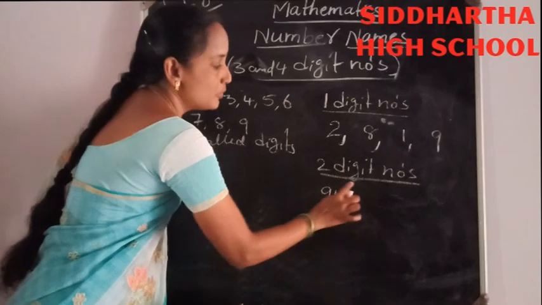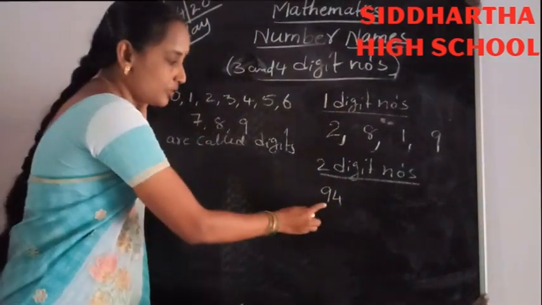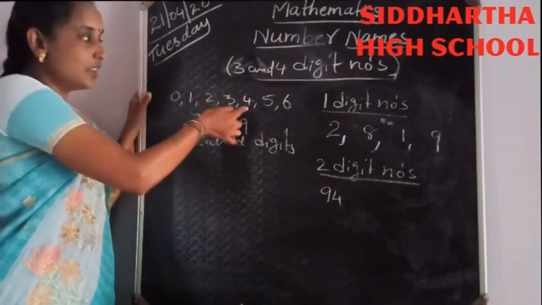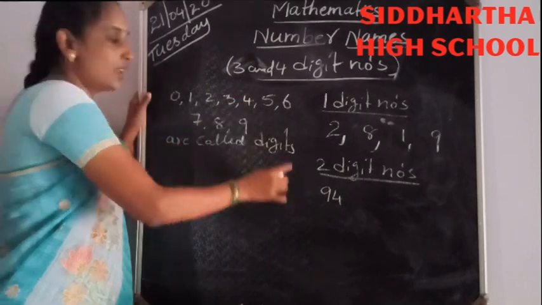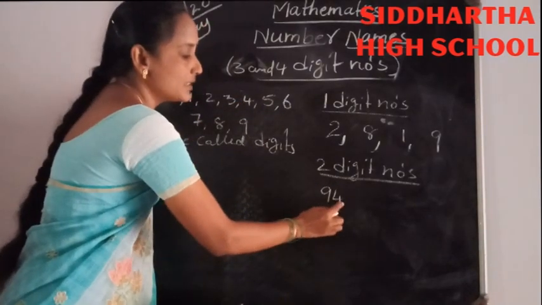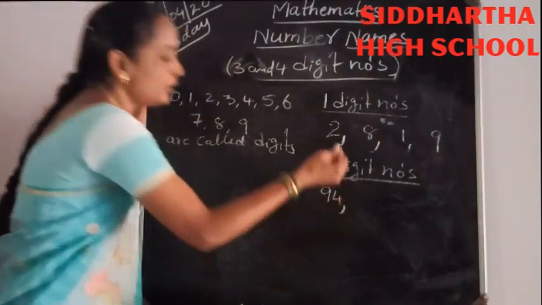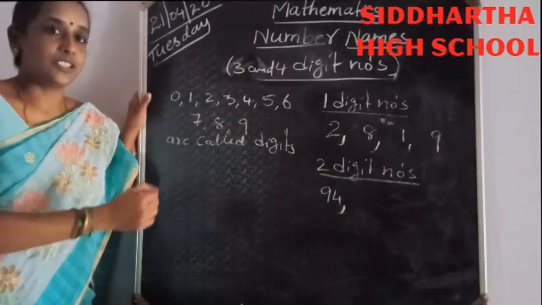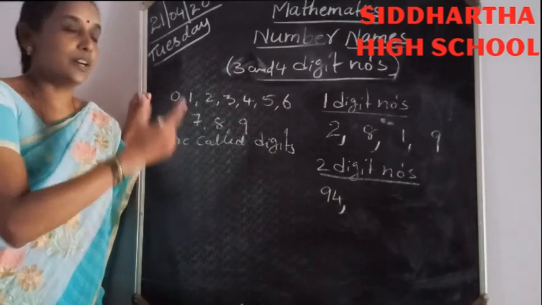Why? Because this is a 2 digit number. The first digit is 9 and the second digit is 4. I selected 2 digits and wrote them as a group, so it is called a 2 digit number.